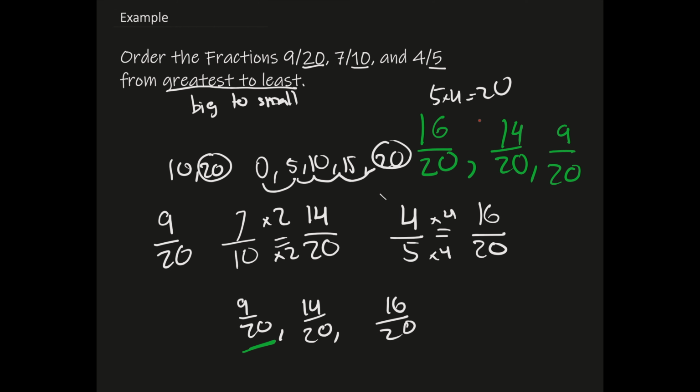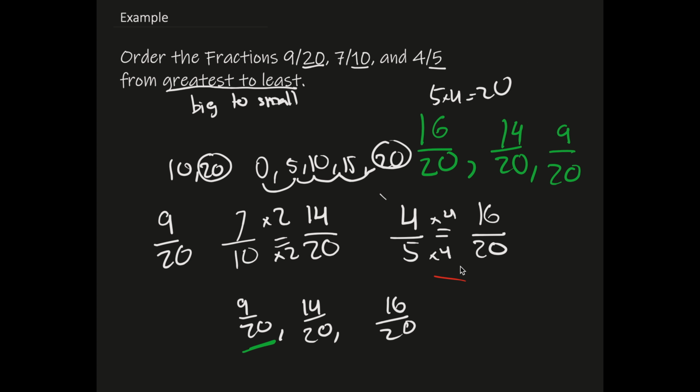Okay, so now that we've ordered the fractions, again, we're going to have to revert them to their original fraction. So we're going to do that right here. So 16/20, of course, stays. Actually, never mind, sorry. Which one did we change into 16/20? Right, we have 4/5.